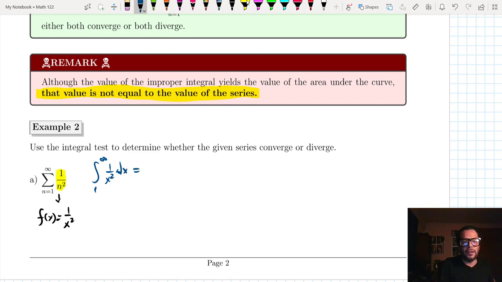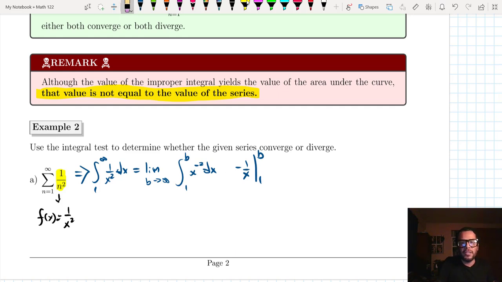If you recall the notation for improper integrals, we are supposed to evaluate the limit as b approaches infinity of the integral from 1 to b of, in this case, let me write this as x to the negative 2 dx. So evaluate the integral, that will give us negative 1 over x, in which it gets evaluated from 1 to b. And I forgot to write down the limit word.